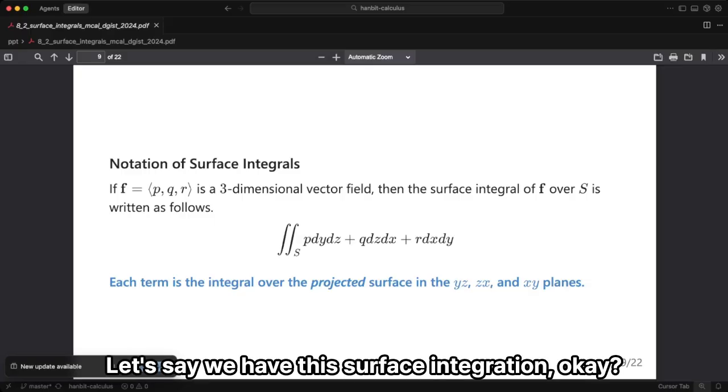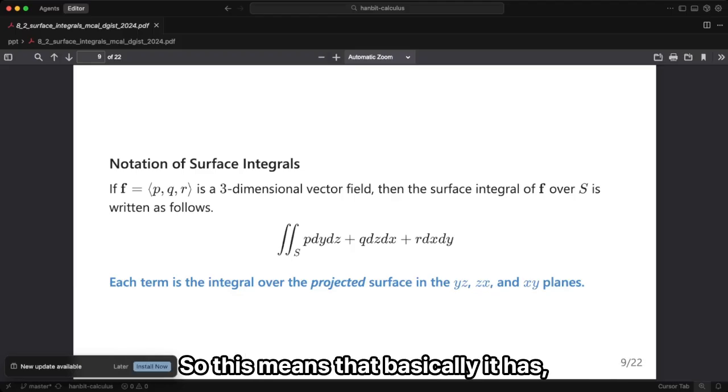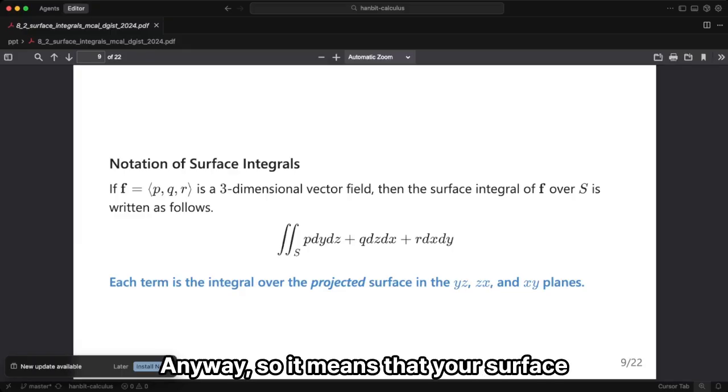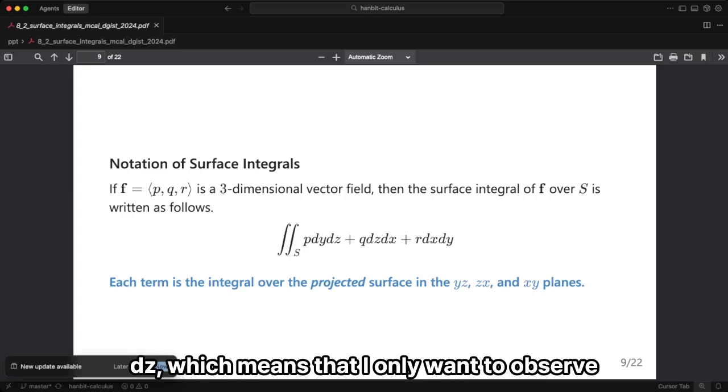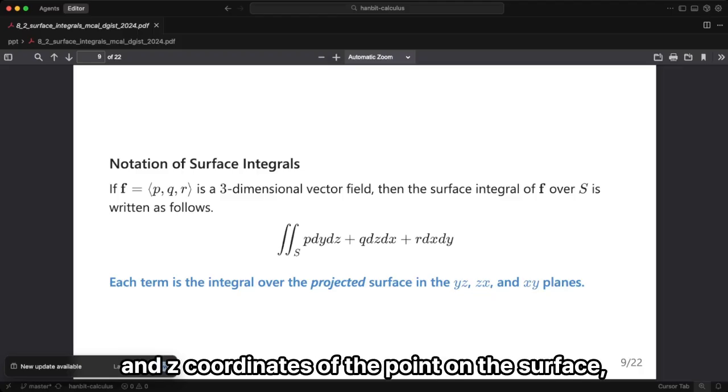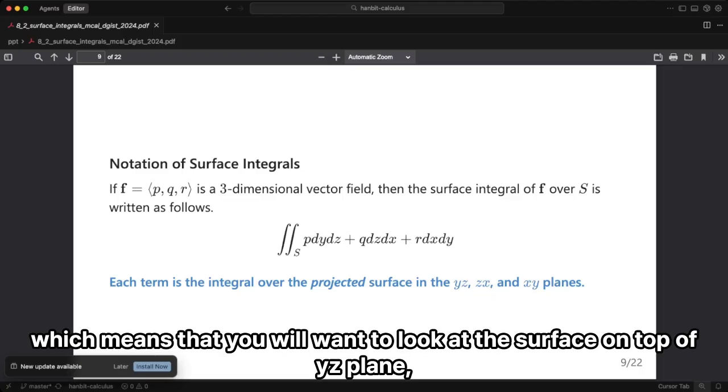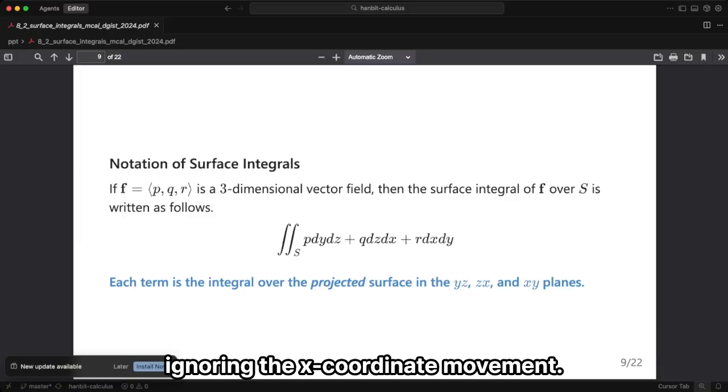Let's say we have this surface integration. It means that the Q and R parts are equal to 0 in your vector field. So your surface S is only considered in Y and Z space. What does that mean? We're only looking at dy dz, which means I only want to observe the movement or changes in the Y and Z coordinates of the points on the surface, which means you look at the surface on top of the YZ plane, ignoring the X coordinate movement.